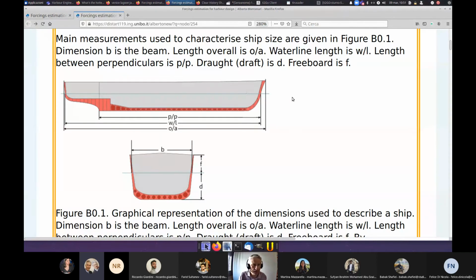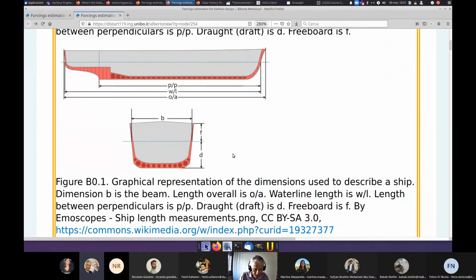The length overall, no, the length between perpendiculars is PP. So particularly, if you see here, this is the length between perpendiculars. Look at my mouse. I'm sorry, I had an amnesia, I didn't remember it in the first instance. And then the beam is indicated here with the symbol B, and the freeboard is F here.